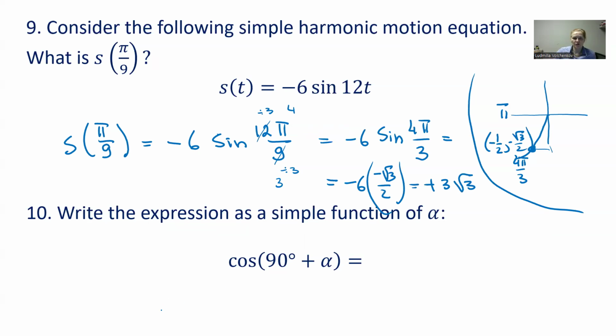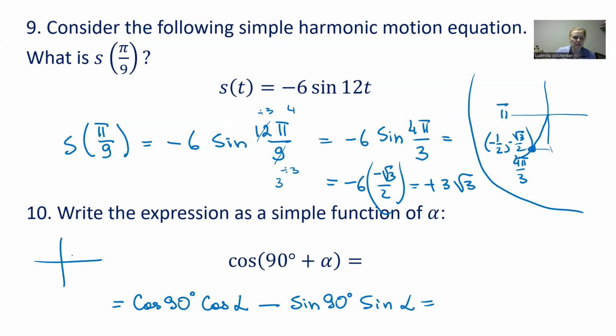Write the expression as a simple function of alpha. Here we have cosine of a sum. We can use the formula for cosine of a sum: cosine of the first times cosine of the second, minus, since here's plus and the formula must be minus, sine of the first times sine of the second.